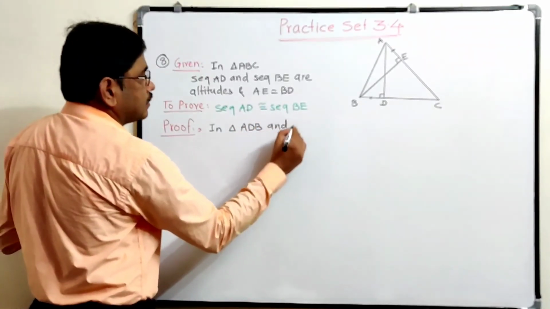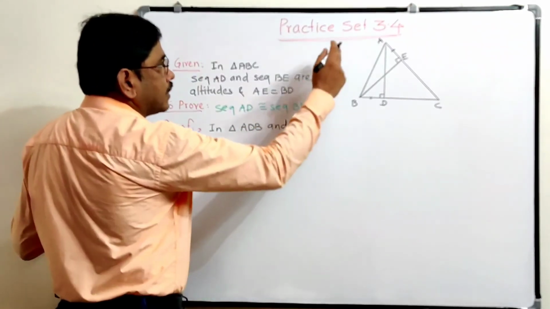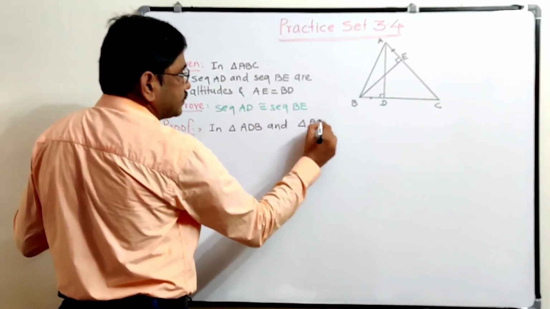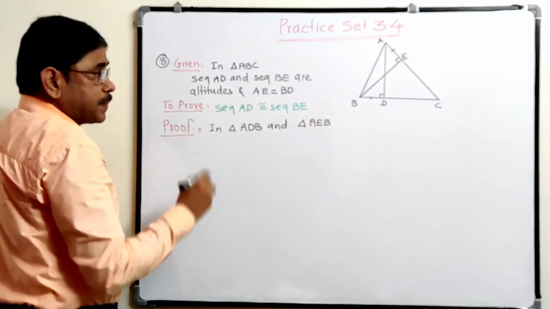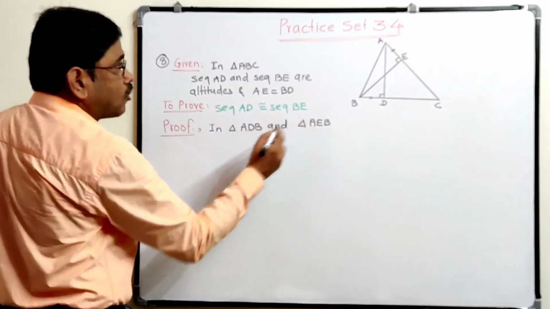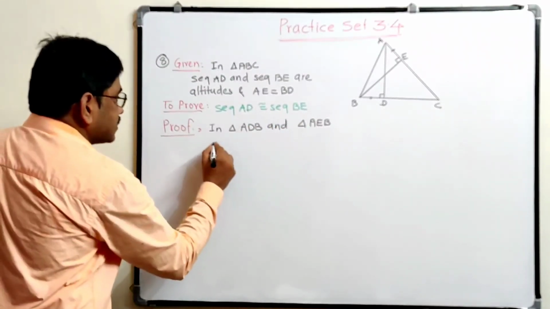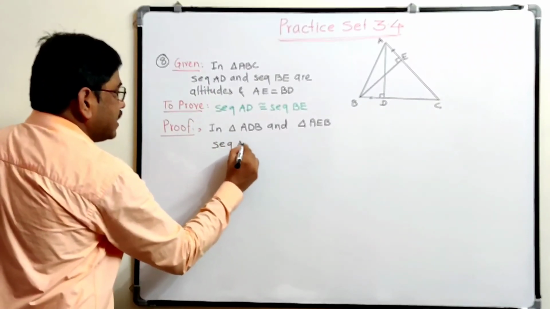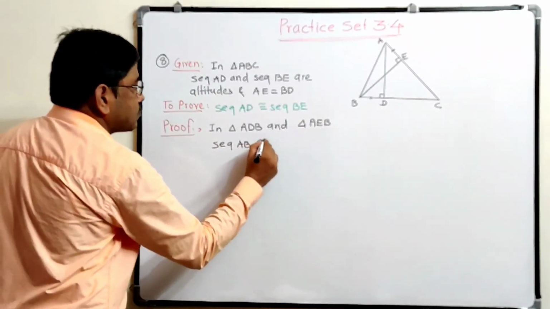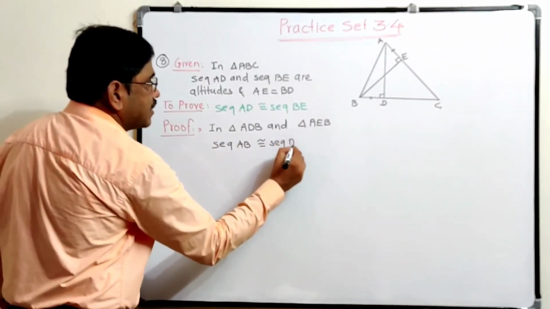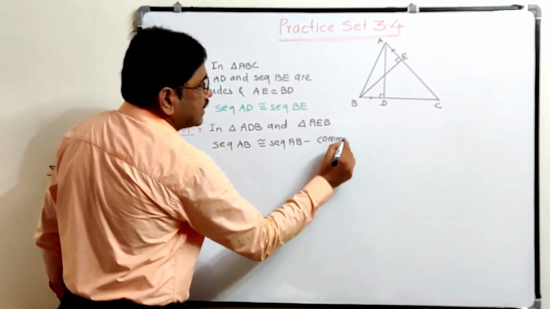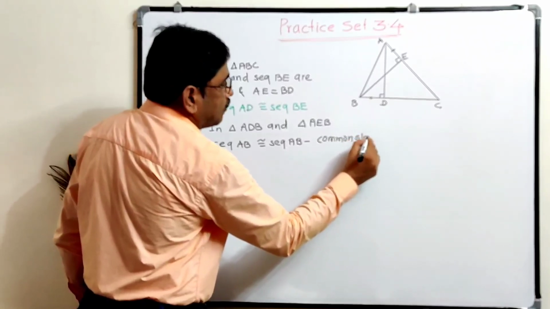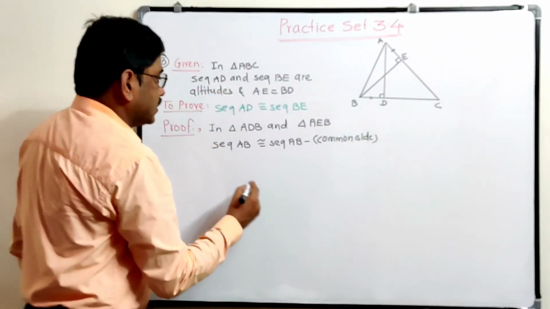triangle AEB. In ADB and AEB, AB is the common side for both. Segment AB is congruent to segment AB. This is the common side of both the triangles.